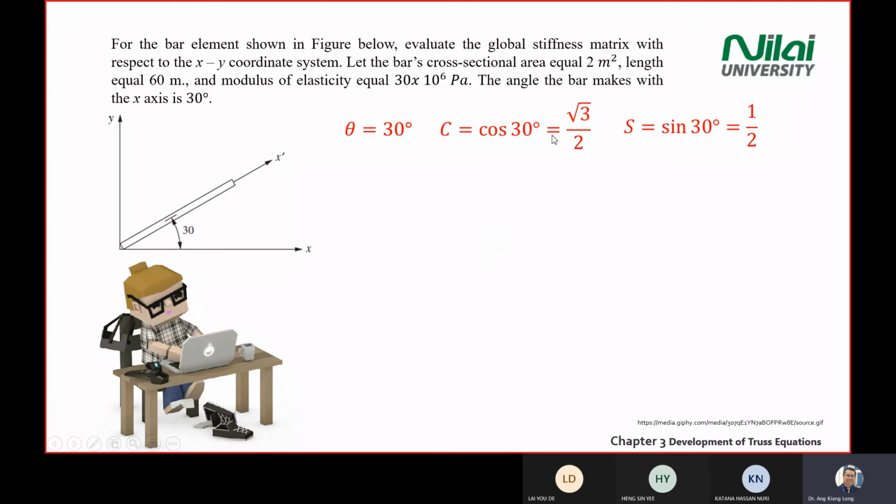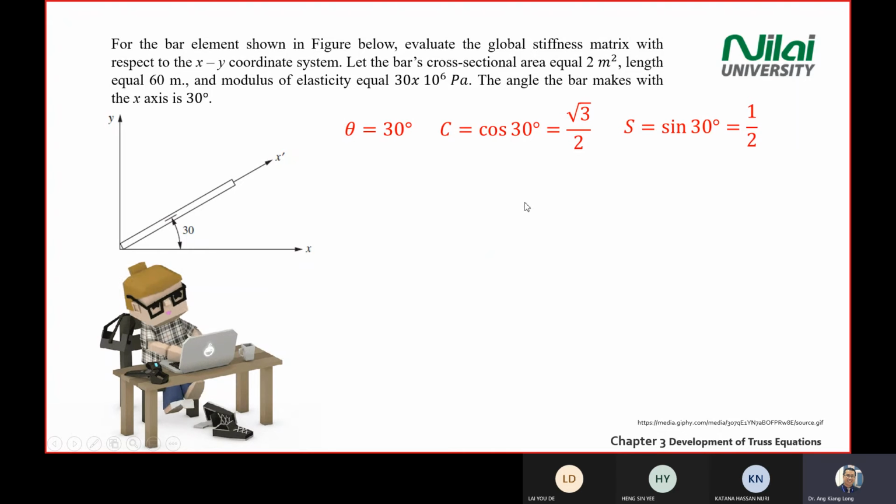You can use your calculator to use the decimal one, or you can just use the simplified format in fraction form. This is also in the trigonometry chapter, but I encourage you to memorize cos 30 and sine 30 in this form. You'll do better in your calculation, because sometimes you can cancel out, or factor out the half here.